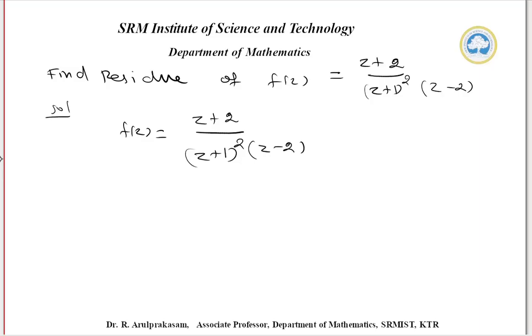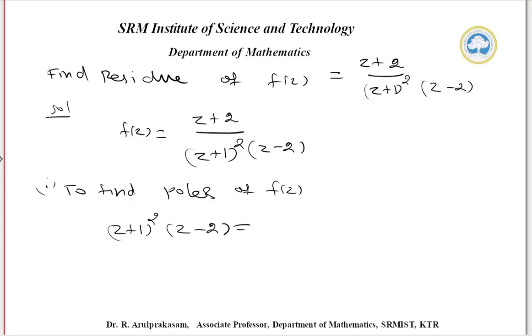Okay, first step is to find the poles of the function f of z. What are my poles? As already mentioned, equate the denominator to 0. So z plus 1 whole square into z minus 2 equal to 0. Therefore I have two poles. z equal to 2 is a simple pole. Why? Because here the degree, I mean the power, is 1.